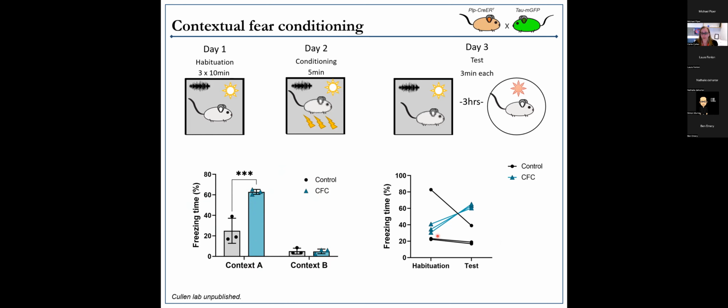And this shows that the amount of time freezing from day 1 habituation went up in those that were fear conditioned and actually went down in those that were not.